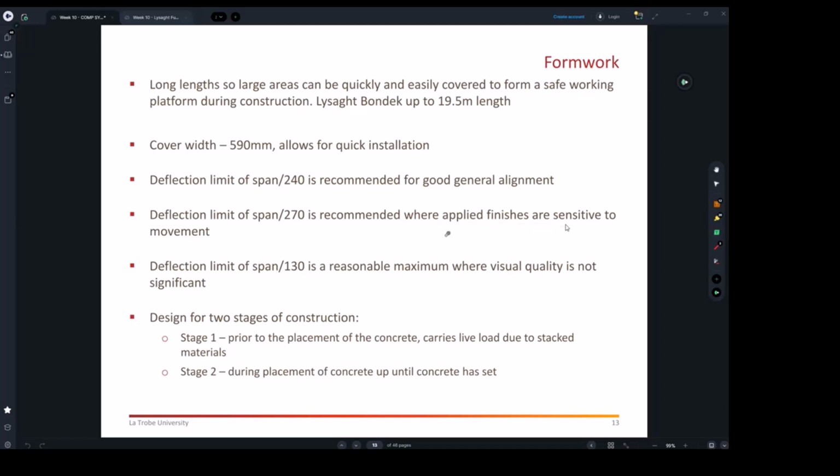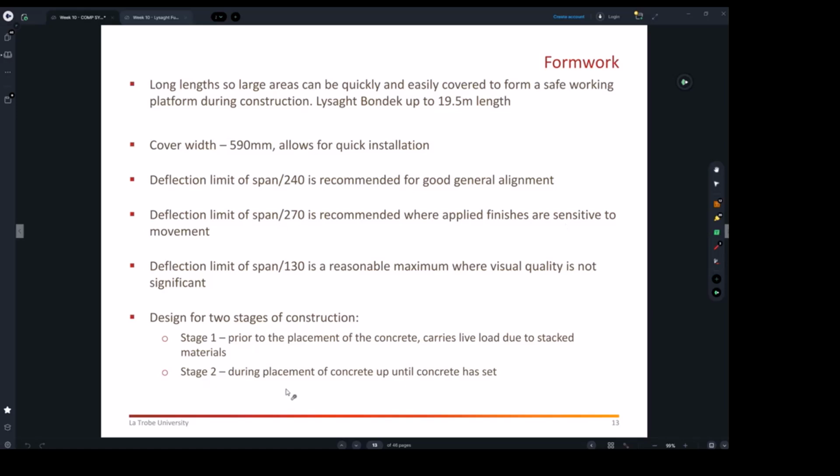So, for example, you may be installing tiles on top of the concrete floors, maybe very large tiles. You want to make sure your slab is quite flat, and then you'll be deciding on 270.